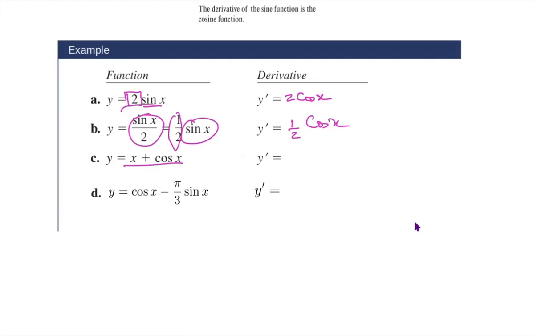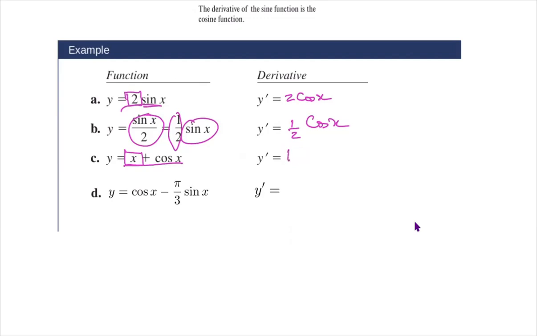What's the derivative of that? What's the derivative of x? Use the power rule. Power is 1, bring it down, 1, and then 1 minus 1 is 0. So x exponent 0 is 1, so that's 1 times 1, so that's just 1. The derivative of x is always going to be 1.